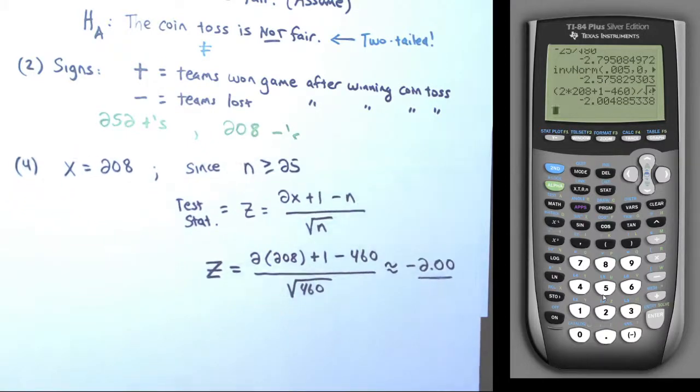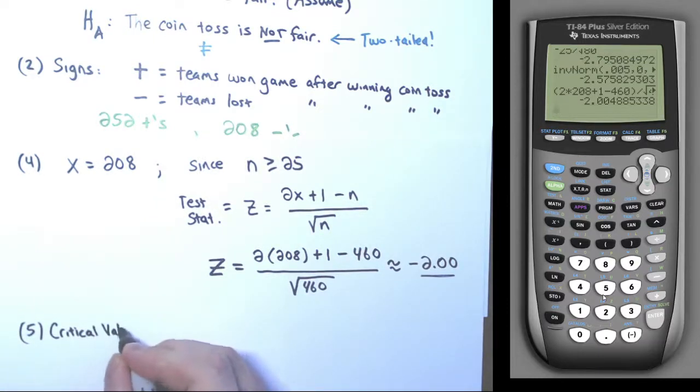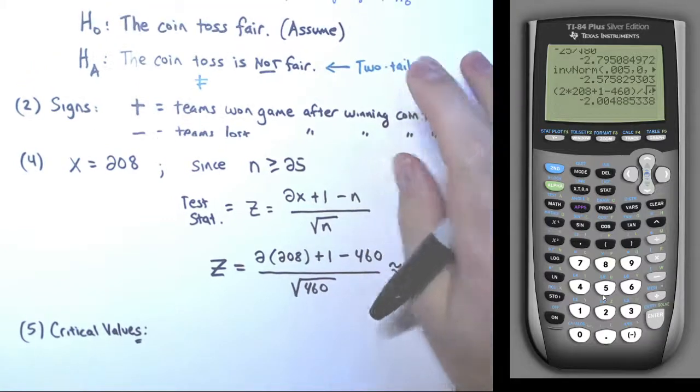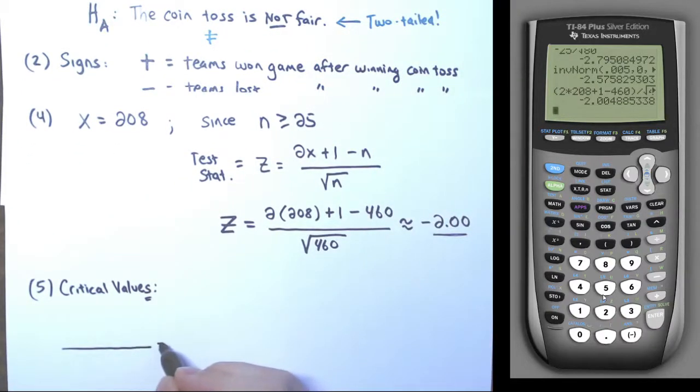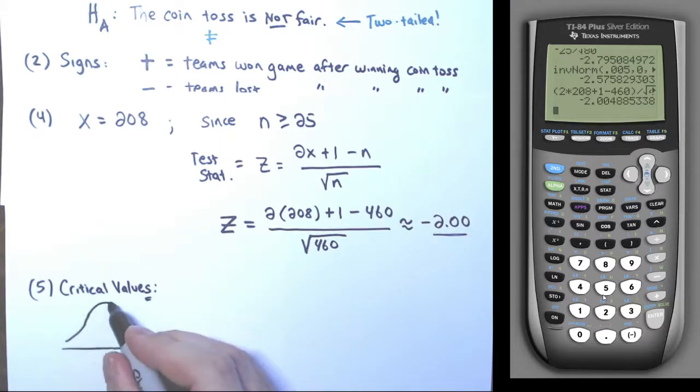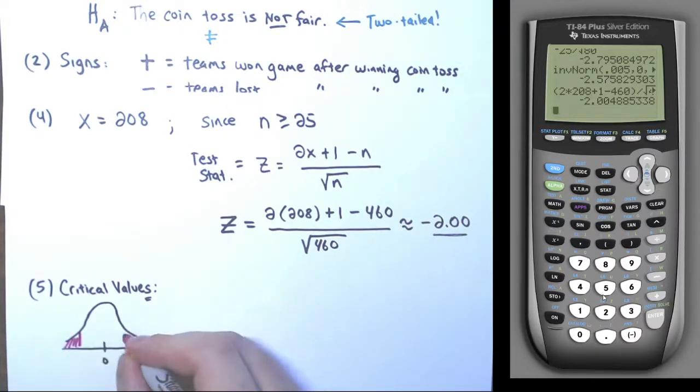And then for critical values, again, there were more than 25 here. N was greater than or equal to 25. And there are going to be 2 values. This was a 2-tailed test, as I mentioned before. So if you're thinking of the standard normal, right, that z distribution, I'll draw a little picture again. Doesn't hurt. Remember there would be 2 rejection regions, one in the left tail, one in the right tail.